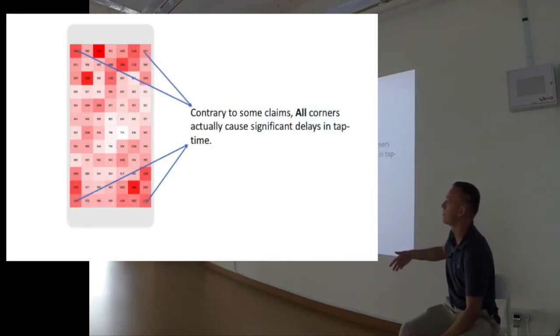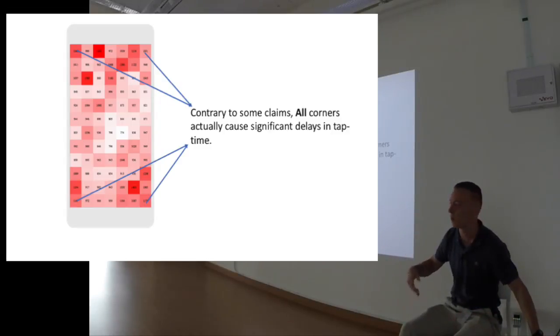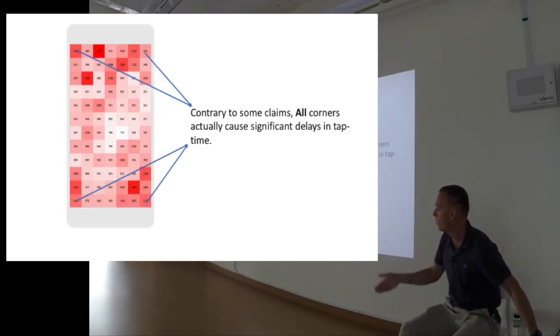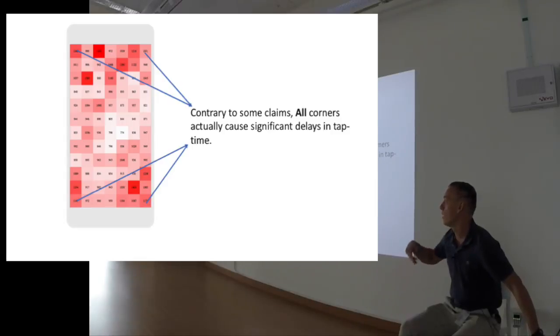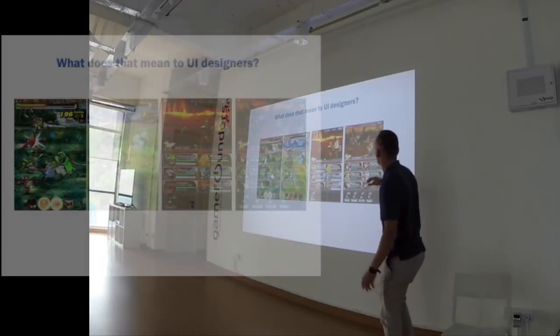So if you design your app or mobile game using these specifications, you should consider that some parts of it are not so easy to reach, and it's better to avoid putting buttons there, and better to keep some useful information there.